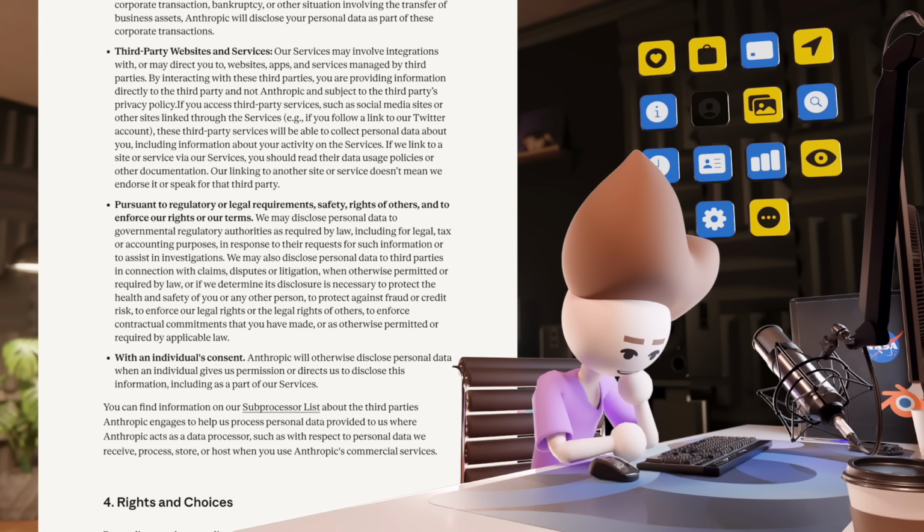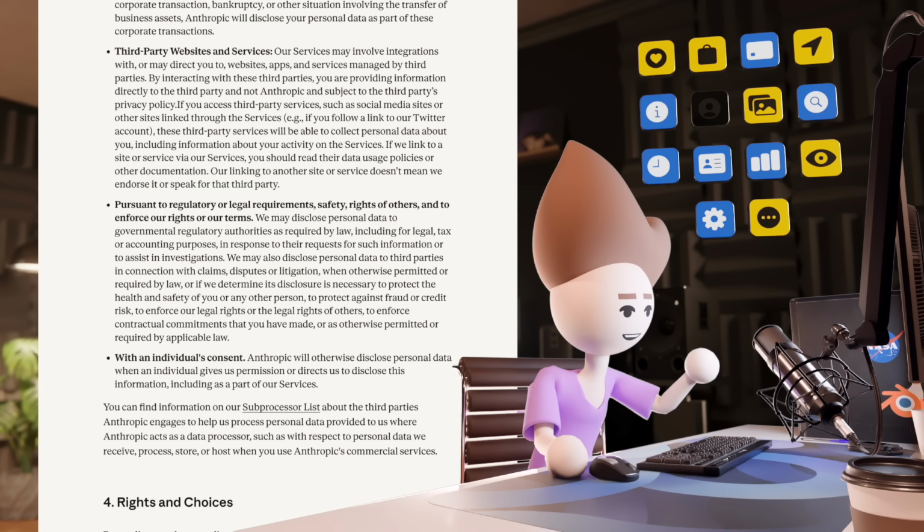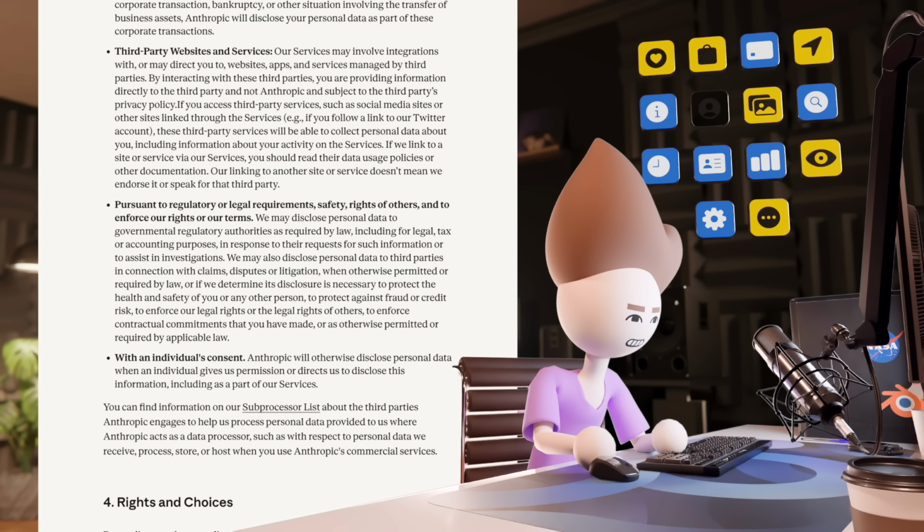Pursuant to regulatory or legal requirements, safety, rights of others, and to enforce our rights under our terms, we may disclose personal data to governmental and regulatory authorities as required by law, including for legal, tax, or accounting purposes, in response to their request for such information or to assist in investigations.